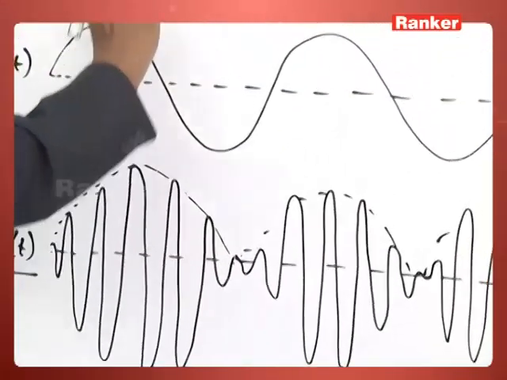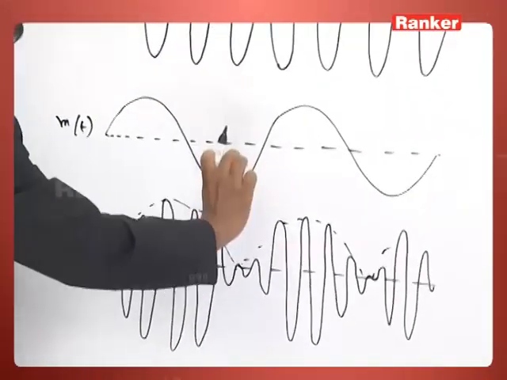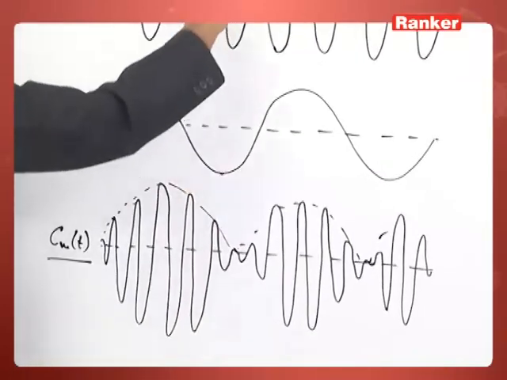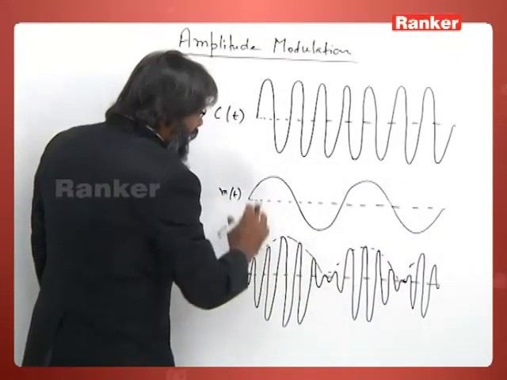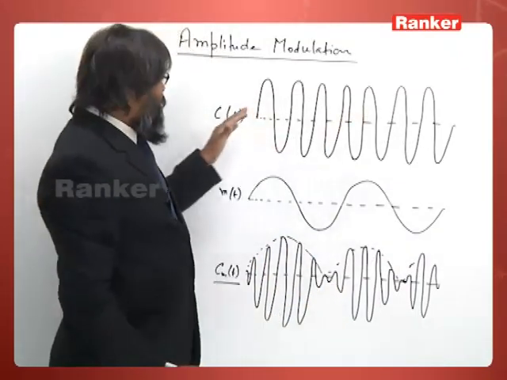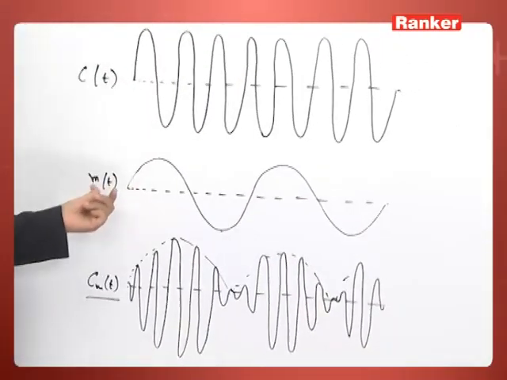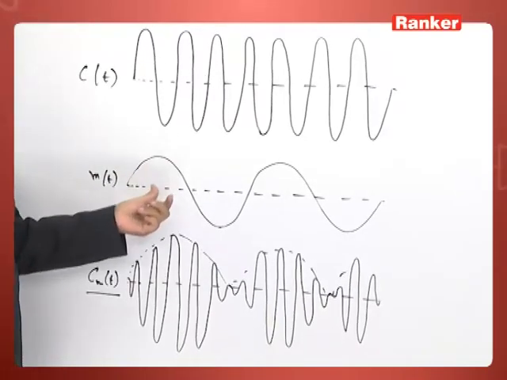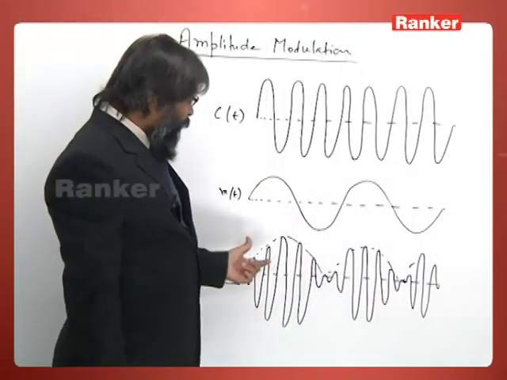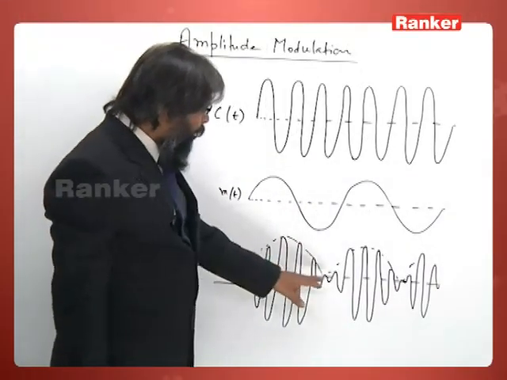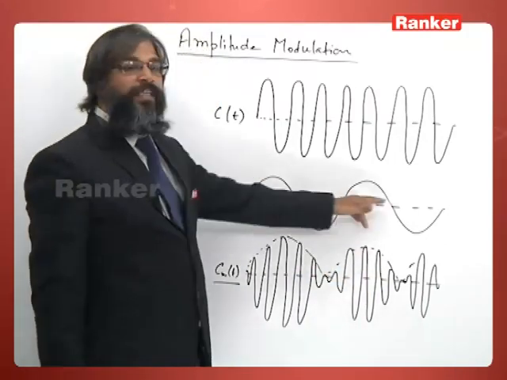Where the signal is more, there is more modification. Here the signal is less, here the amplitude is minus, so this amplitude is decreased to 0. When the amplitude of the carrier wave is modified according to the instantaneous value of the signal amplitude, that is called amplitude modulation. So, the envelope of this modulated carrier wave represents the signal wave.